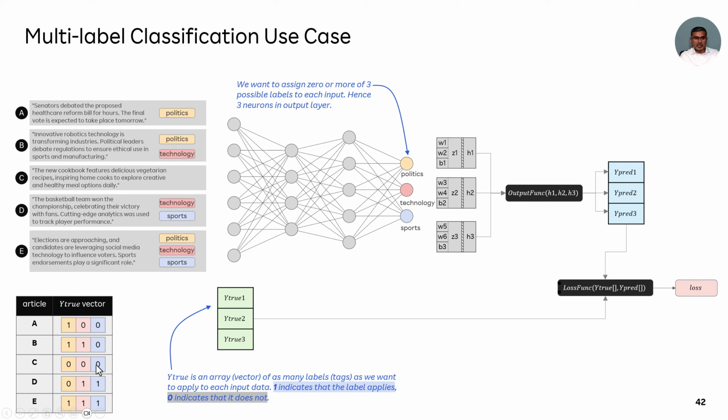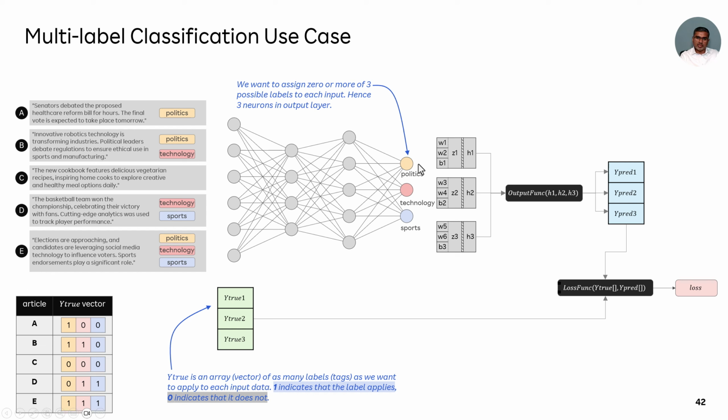Article C, none of them are lit up because no label is assigned to it. Article D, you have technology as well as sports lit up, and politics is not lit up. Article E has all three labels, so 1, 1, 1, all of these three labels are lit up. So that's how we pass the ground truth value during training. Now, as we discussed, you need to have as many neurons as there are labels.